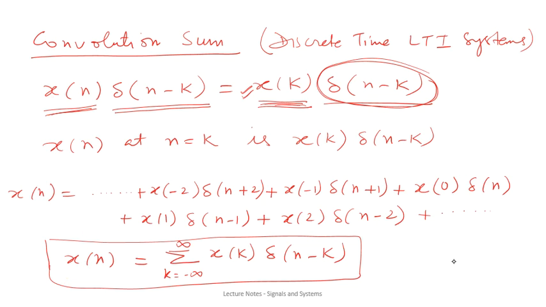So for a linear system, if we know the system response to the impulse signal, that is delta(n), then the system response to any arbitrary input can be obtained by summing the system response to the various impulse components. This thing we also discussed in the convolution case for continuous time systems.